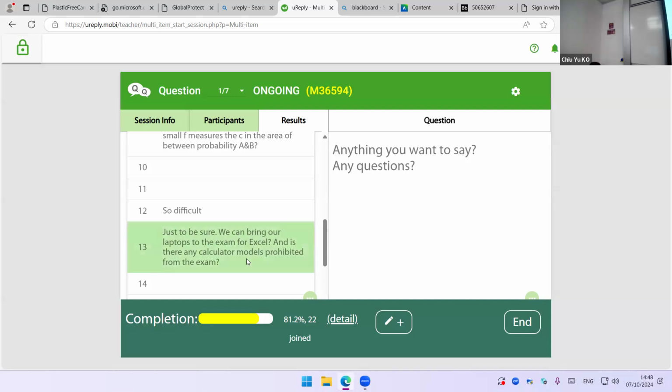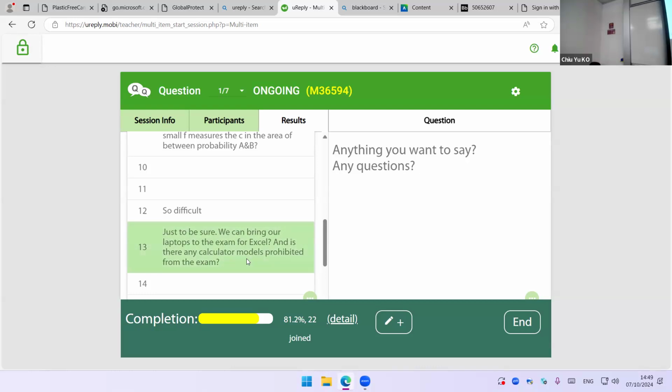Though to be sure, we are not allowing you to bring the laptop, right? Because of cheating. But that means you don't have to worry about calculations that require Excel. If I ever ask you, you just write the Excel function, the Excel formula, and you're done. So that actually makes your life easier, right?